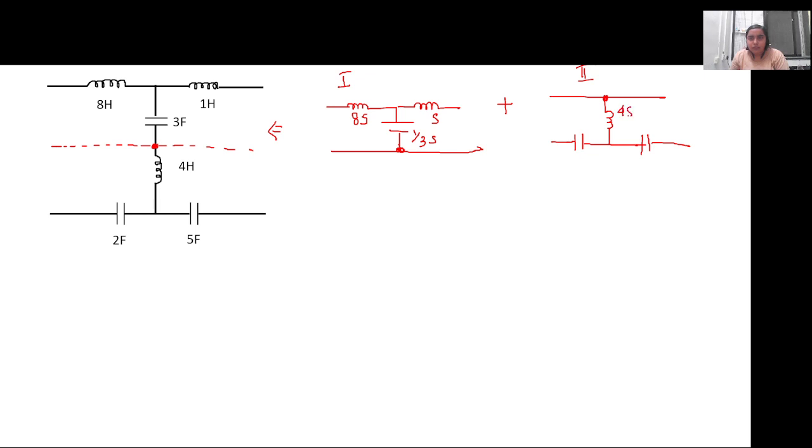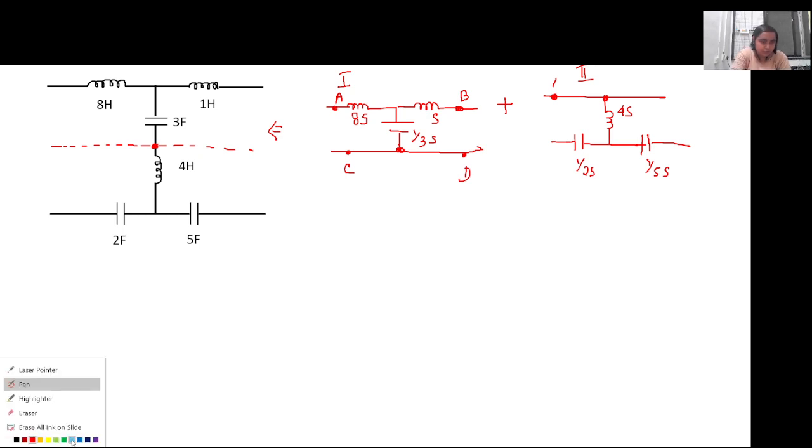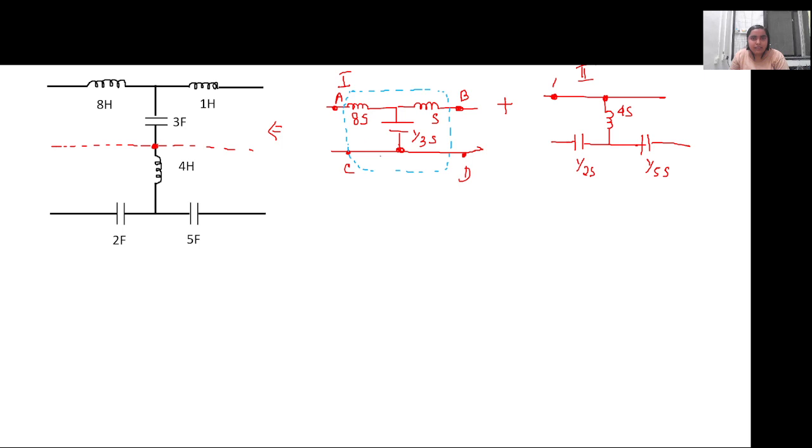Ma'am, please explain a little bit about how network 1 and 2 can be called in series. Okay, let us name the points. Let this be A, this be B, this is C, this is D. In a two-port network, only the input and output ports matter, because the inside part is solved for different parameters.